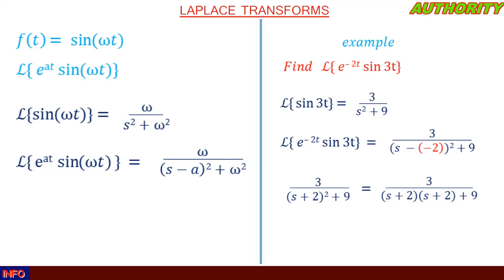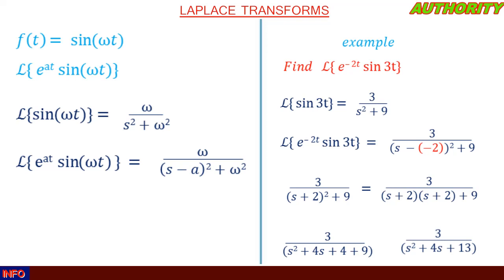Good. Now when you multiply these two together, it's going to give us 3 all over, we have s times s will give us s squared, s times 2 will give us 2s, then the next one 2 times s will give us 2s, and then 2 times 2 will give us 4, right? When you combine these together, we have s squared plus 4s plus 4 plus 9. Is that clear? Yes. Good. In this case now, we have 3 all over s squared plus 4s plus 13.